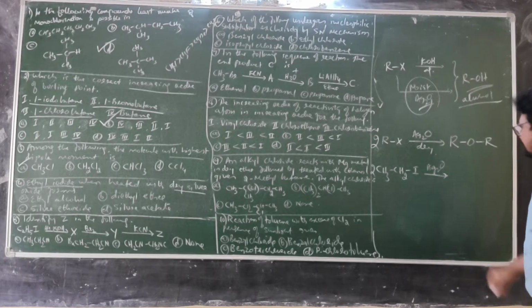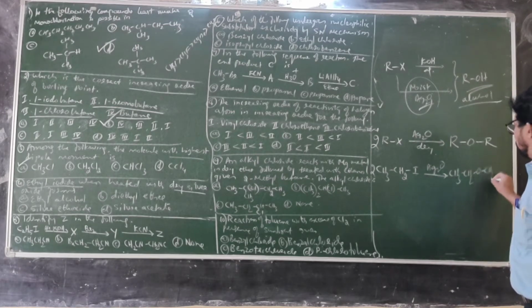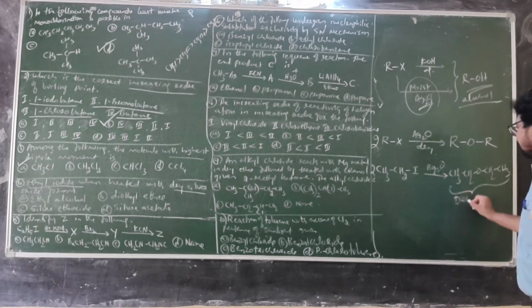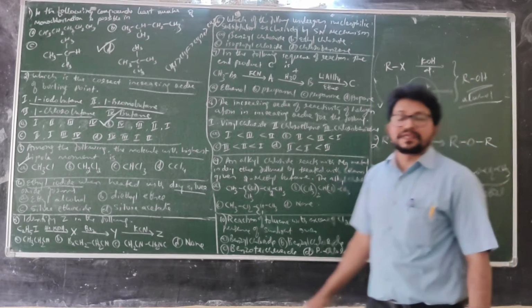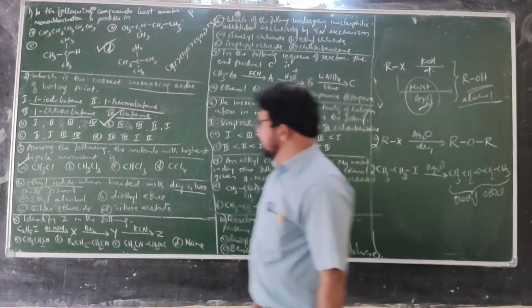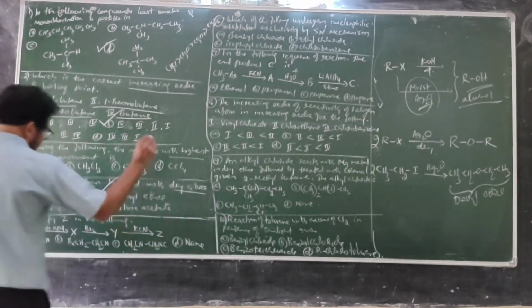Ag2O dry. So it should be CH3CH2OCH2CH3, ethoxyethane. Ethyl ether is there as the option. This is correct.